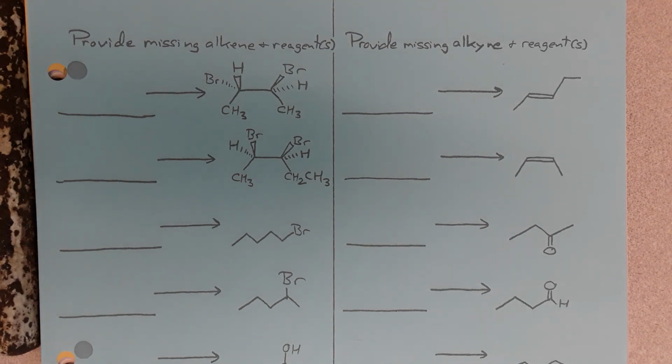So all of the reactions that you learned during the first semester of the course are tools that we'll be using in organic synthesis. So it's essential that you remain familiar with those reactions.